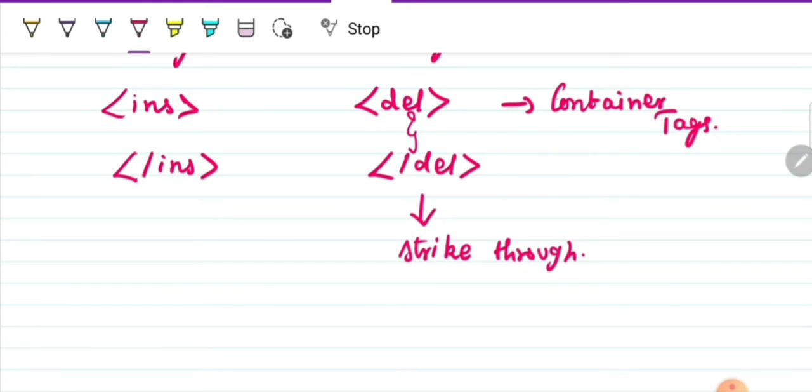For example, you are willing to strike out Madras and have the text Chennai. Yes, like this you will have a strike through just by using this delete tag.